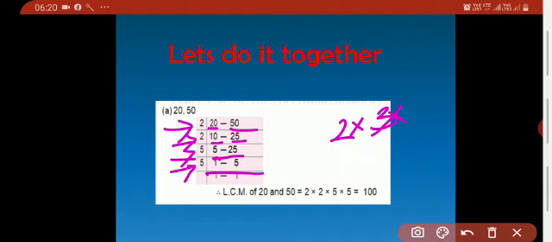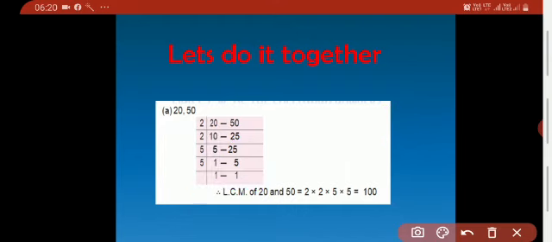So we again take 5, and at last we have 1. So we will multiply these left side numbers horizontally, and we get the LCM of these two numbers.